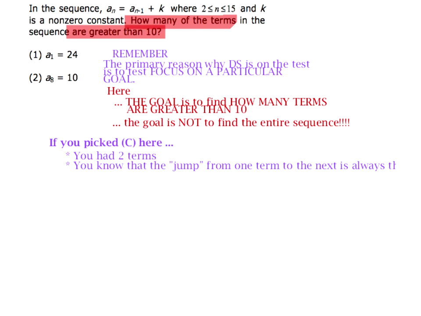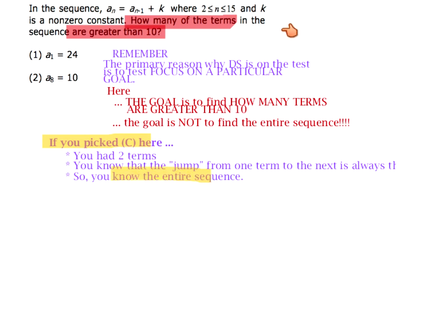So what that means is that you know the entire sequence. If you had choice C, then you actually find out what all the numbers are. You don't actually have to find them, but that's what the problem is.